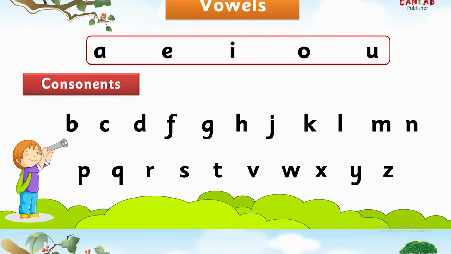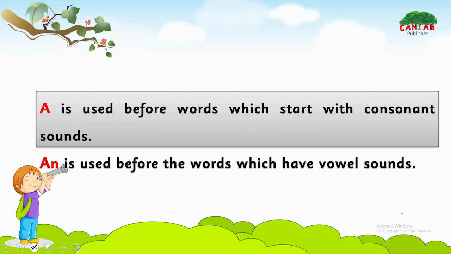So now we will be discussing where a is used and where an is used. For that purpose, we are going to simplify things for you: a is used before words which start with consonant sounds.